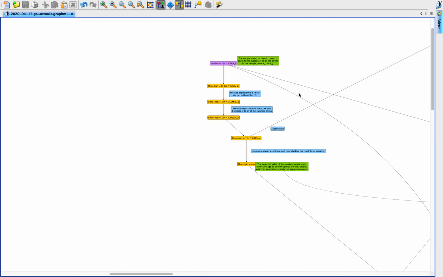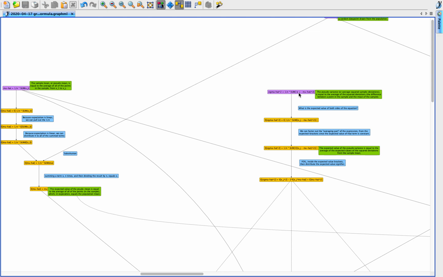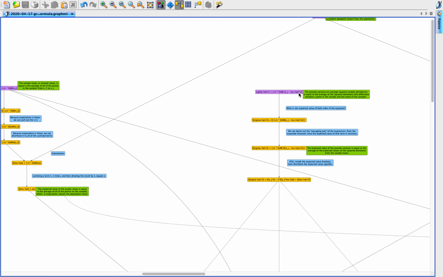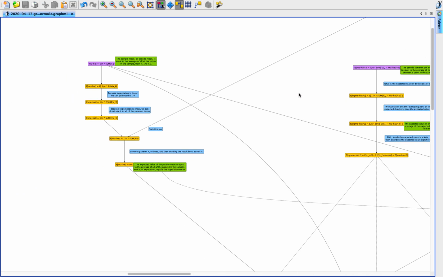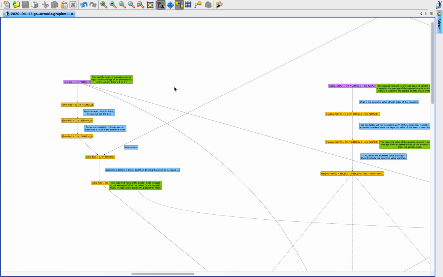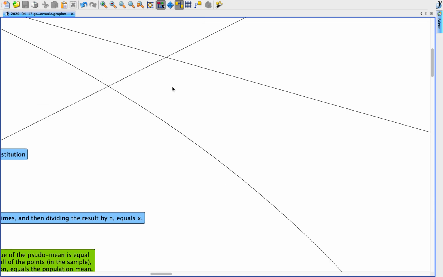We're going to define two other pieces here, which are sort of parallel. These are naive estimators for the mean and the variance.